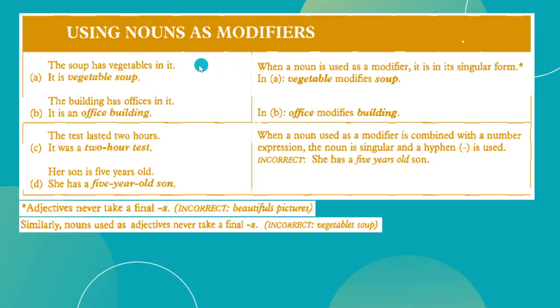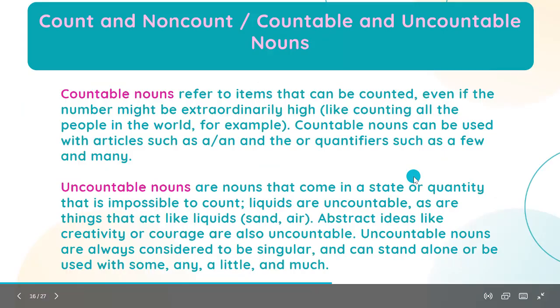Jadi modifiers di sini sebenarnya noun yang saya jelaskan ini fungsinya adalah sebagai adjective. Jadi nouns yang berfungsi sebagai modifiers atau penjelas, di mana penjelas itu adalah adjective. Nah, ketika dia berfungsi sebagai modifiers, dia tidak bisa ditambahkan S karena dia fungsinya adjective. Oke, dia bukan lagi fungsinya sebagai noun.